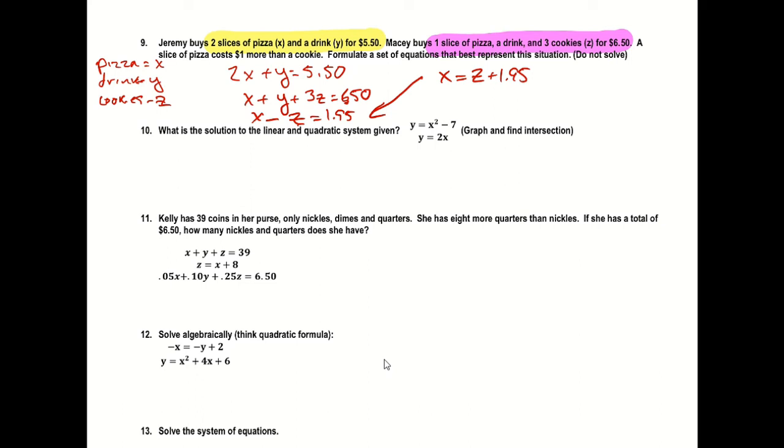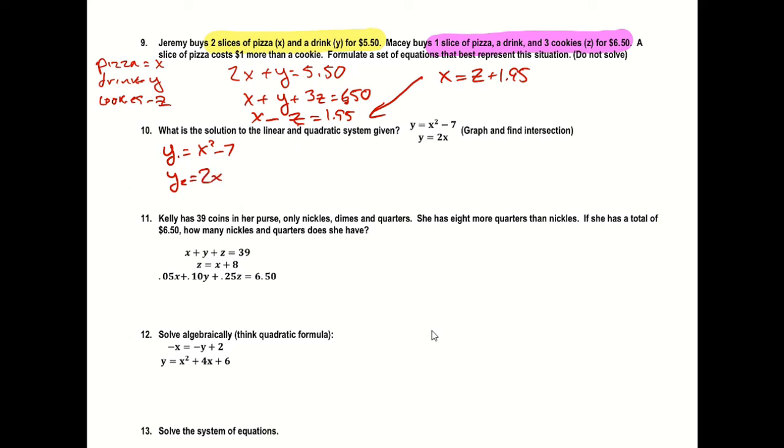All right. Next one, it says graph and find the intersection for number 10. So number 10, we're going to do the same way that we did on the front side. They're already set up. So we're just going to go back into y1, x squared minus 7, y2, 2x.